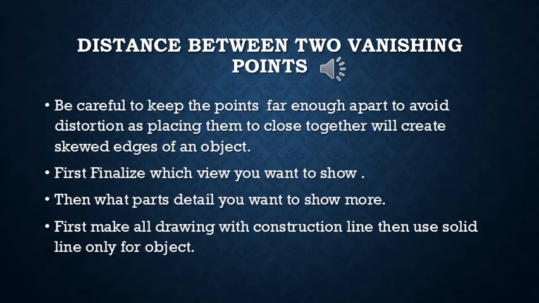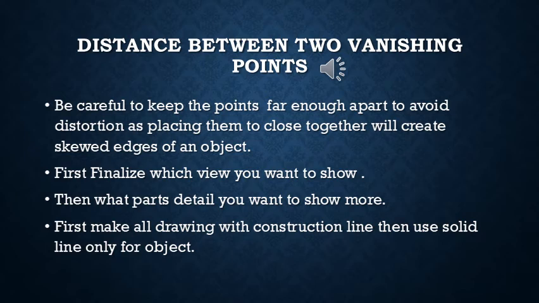We already discussed, if the object is near to the right vanishing point, the detail of the left side is shown more. And if we have an object near to the left vanishing point, then the detail of the right side of the object can be shown more.